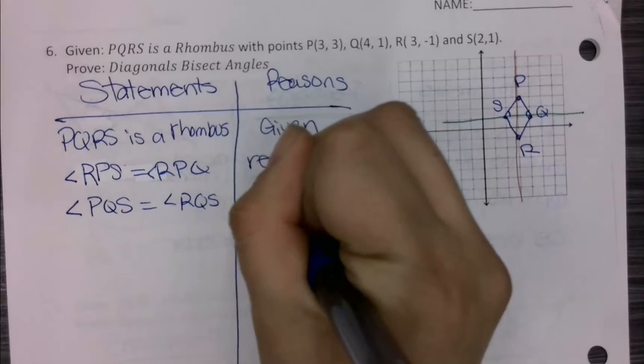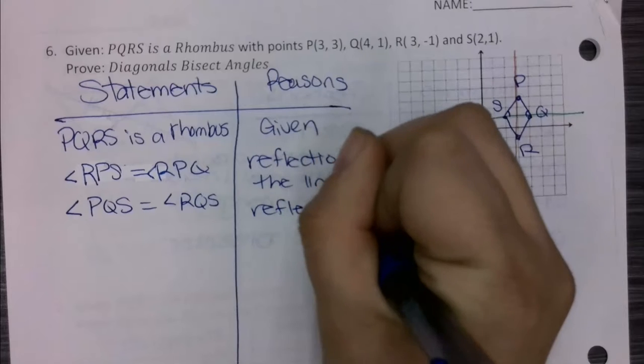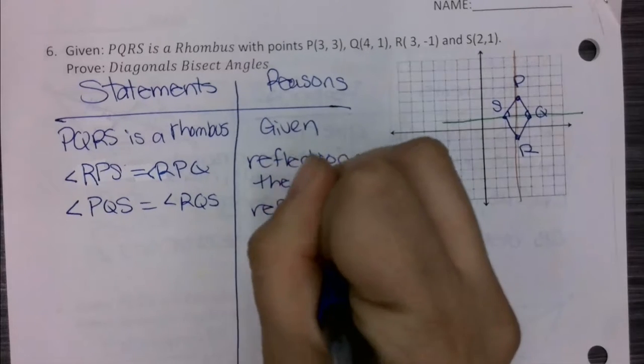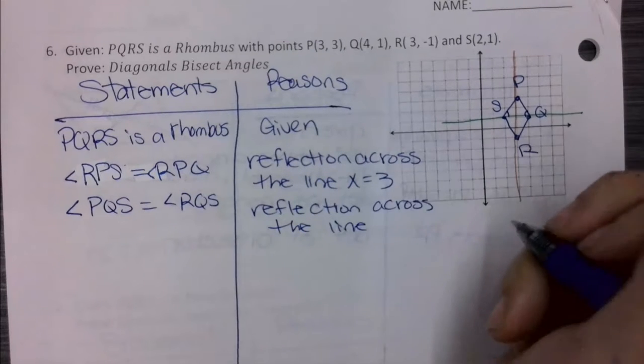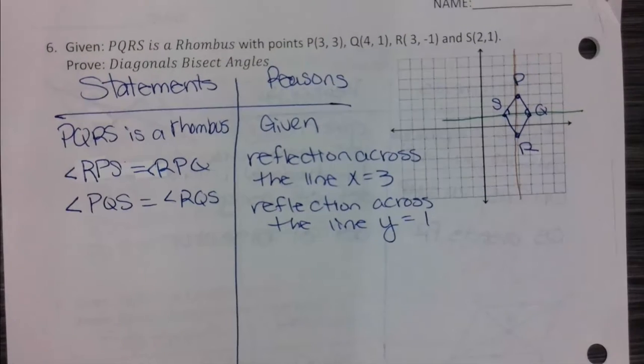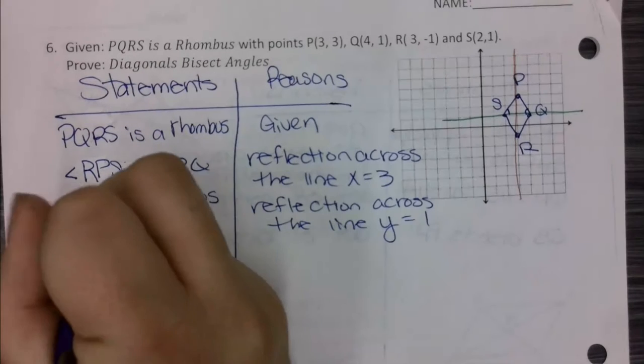This one is a reflection across the line y equals 1. Then I can say that those two sets are congruent.